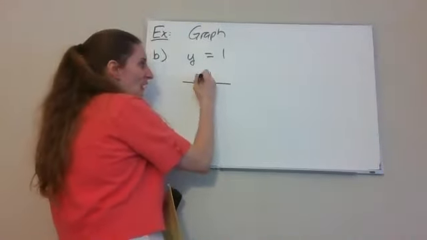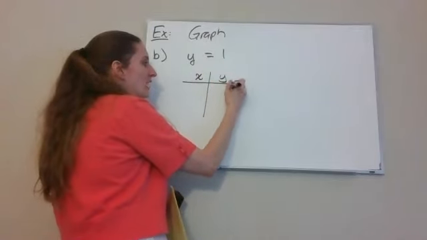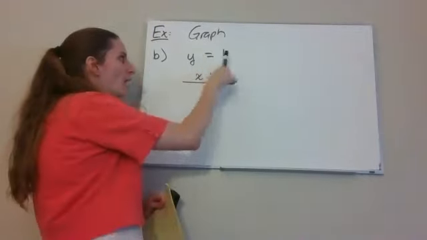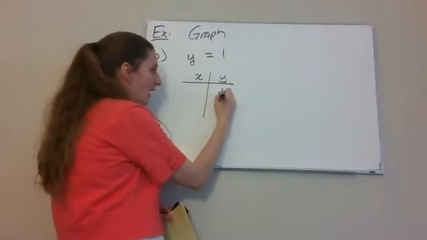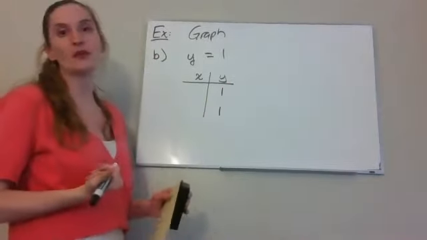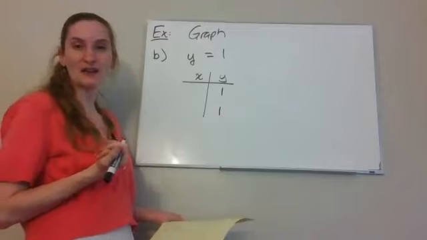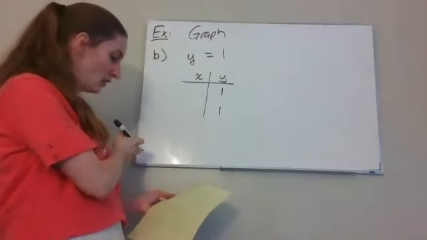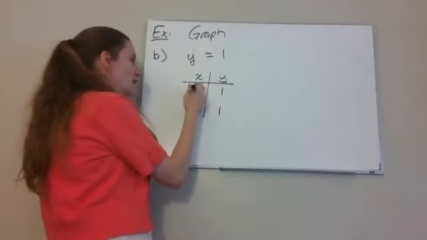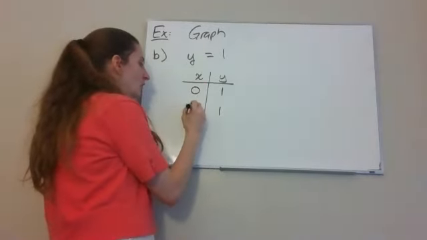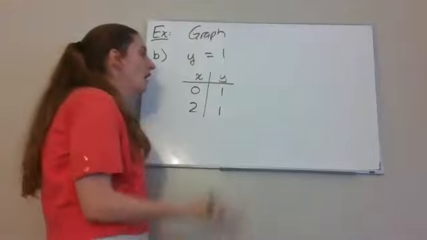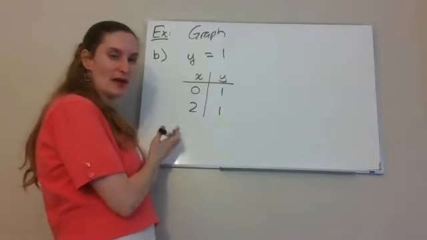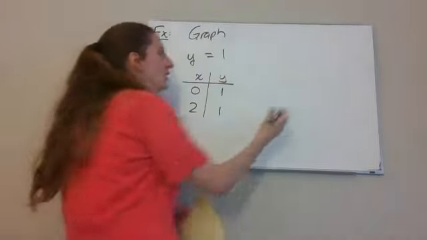But I'm still going to make a table of x and y. y equals 1 tells me that no matter what, my y is always going to be 1. It doesn't matter what x is, y is 1. x can be anything that we want. So I'm just going to pick a couple values, 0 and 2. No matter what x is, your y is still 1.